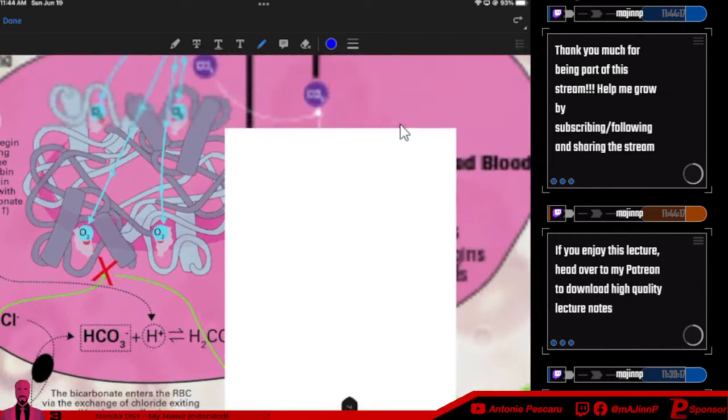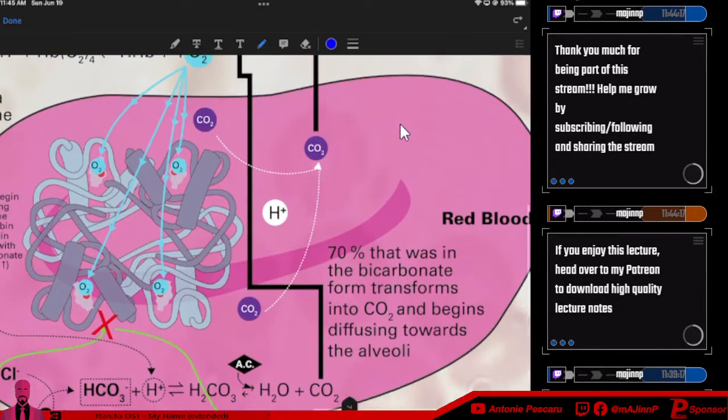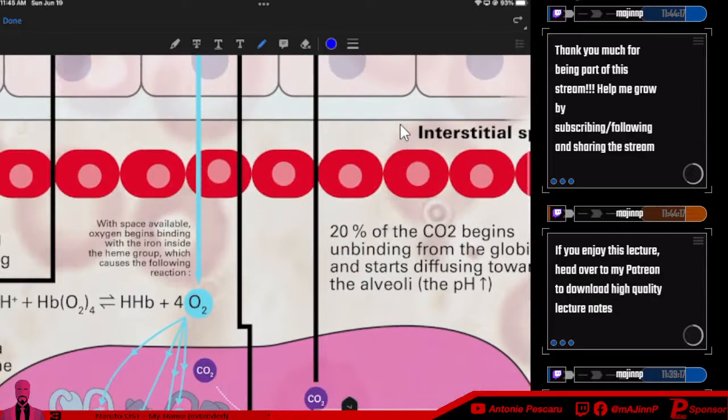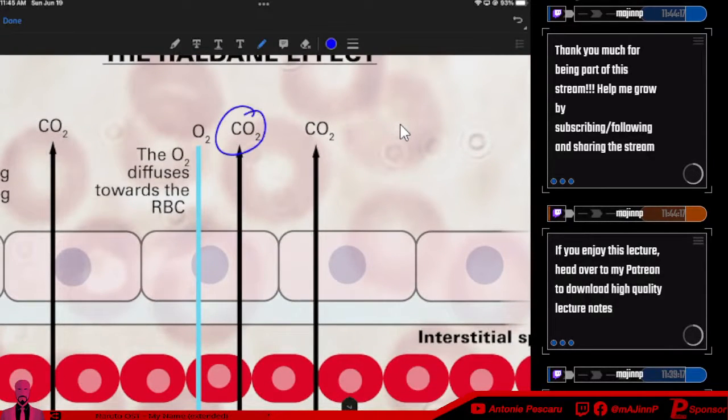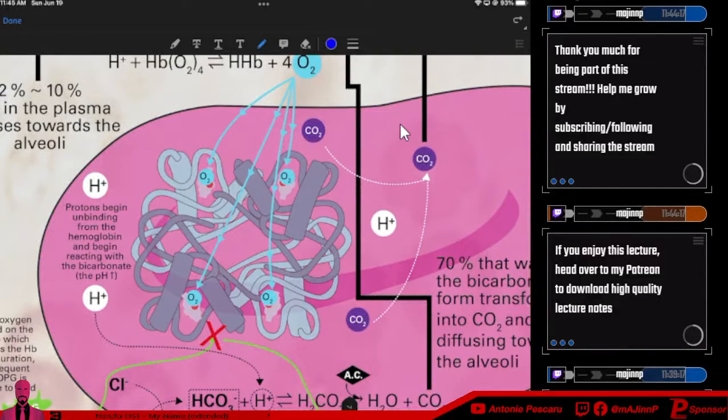And 70% of that CO2 that was inside of its bicarbonate form diffuses right into the alveoli. And now finally we have that space available for the oxygen to bind onto the heme group right here. And there are always going to be 4 spots. The heme group always has 4 spots on the globin, making hemoglobin as well.